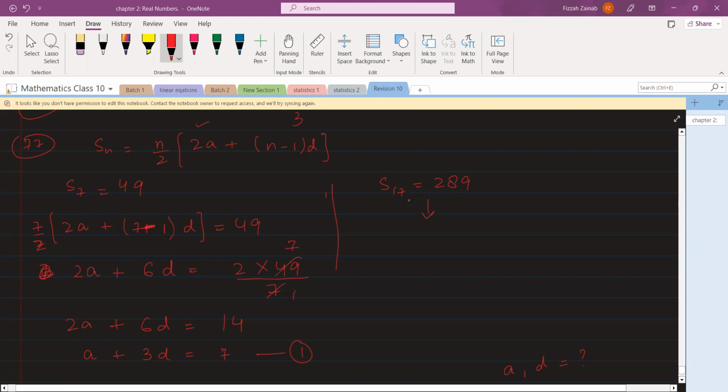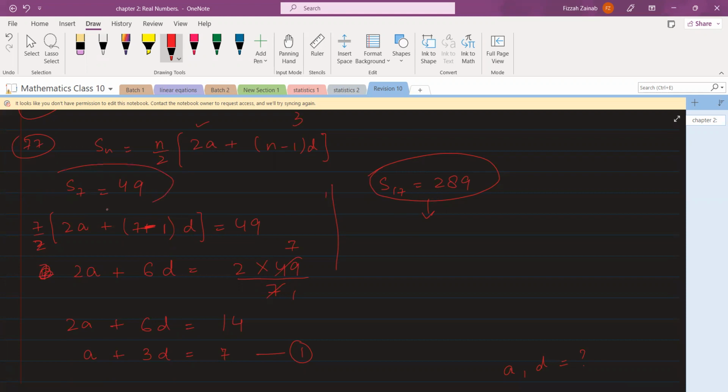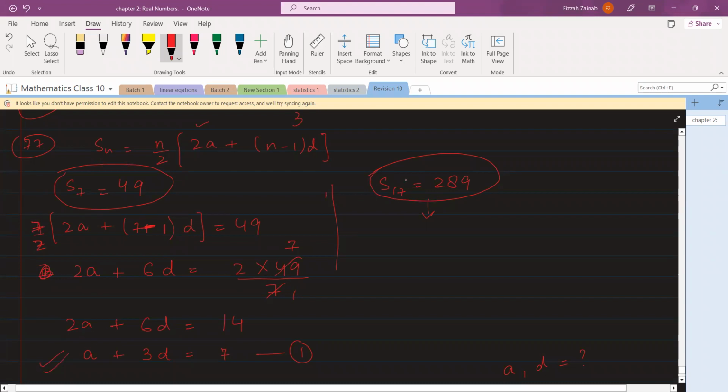No. See, you have to find the second equation also, Martin. Question number 77. S7 was 49, right? So if we put 7 in place of n, we got this equation number 1. It is also given that the sum of 17 terms is 289. So that means you put n is equal to 17 in the formula, understand? Is equal to 289. Is it fine? Yes, ma'am. So this will give you the second equation.